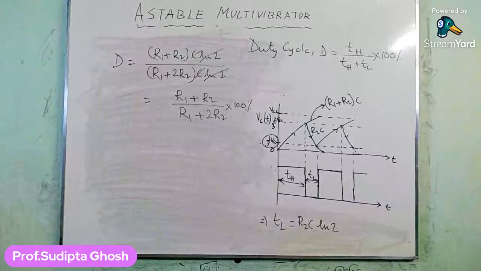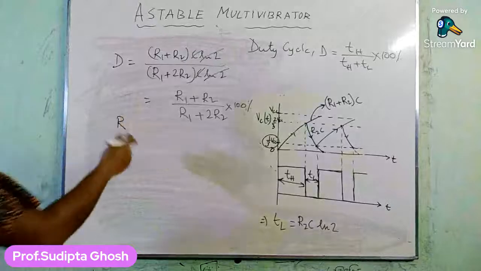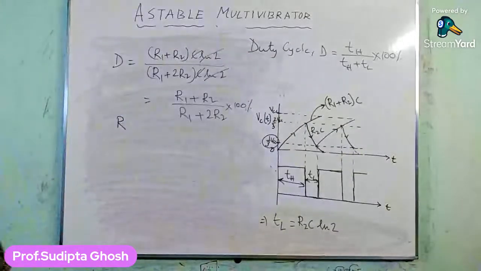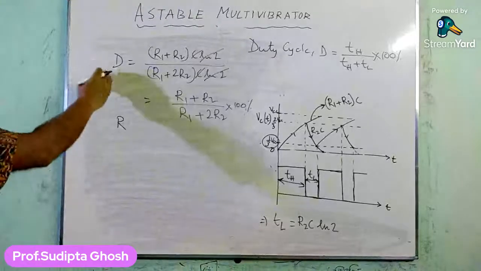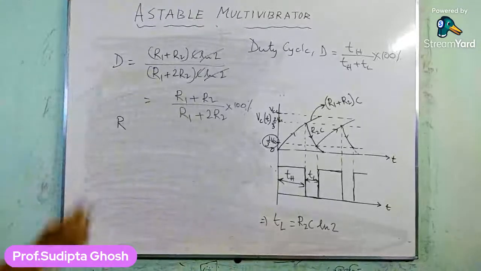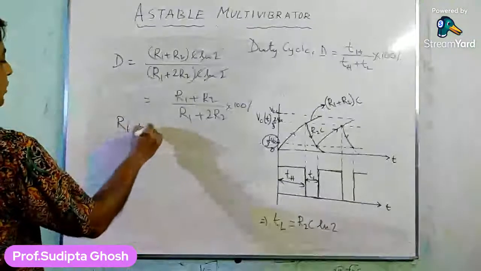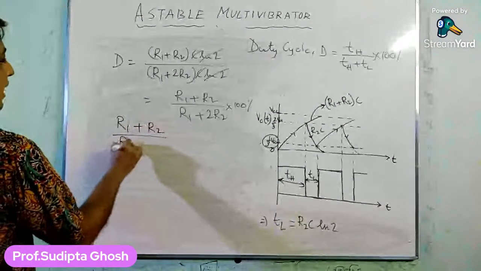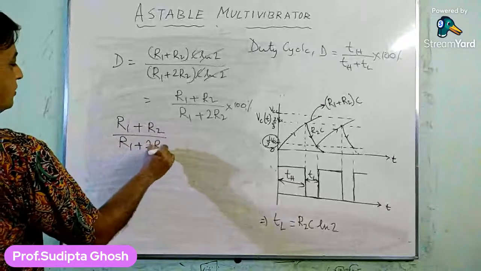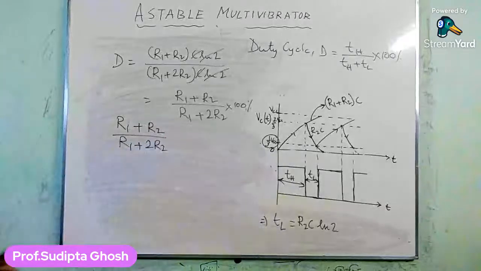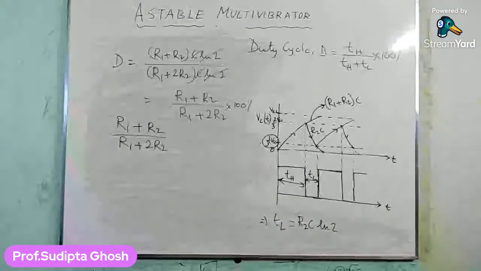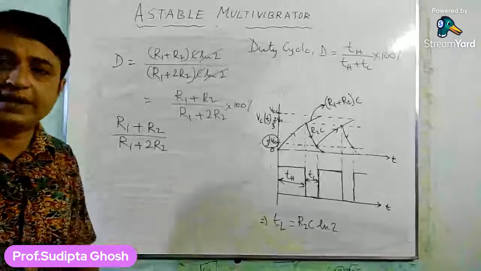So to make a square wave output waveform, we have to make this duty cycle equal to 50%, that is half. As we are going to find a waveform that looks like a square wave, we first find out these values of R1 and R2.